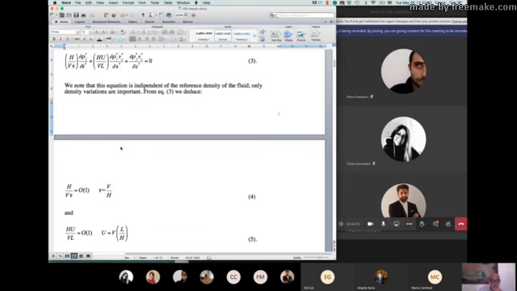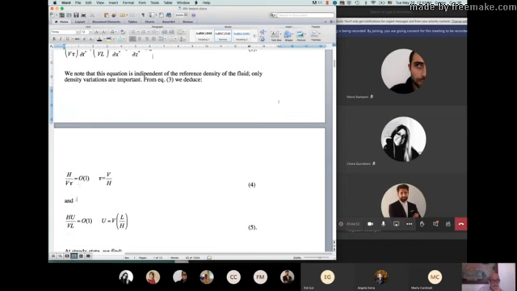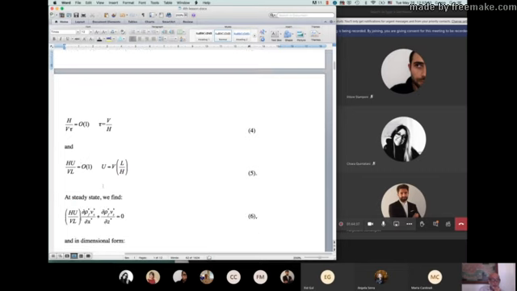So you will have to write these two. The first term, H divided by VT of order 1, and equation number 5, HU divided VL of order 1.